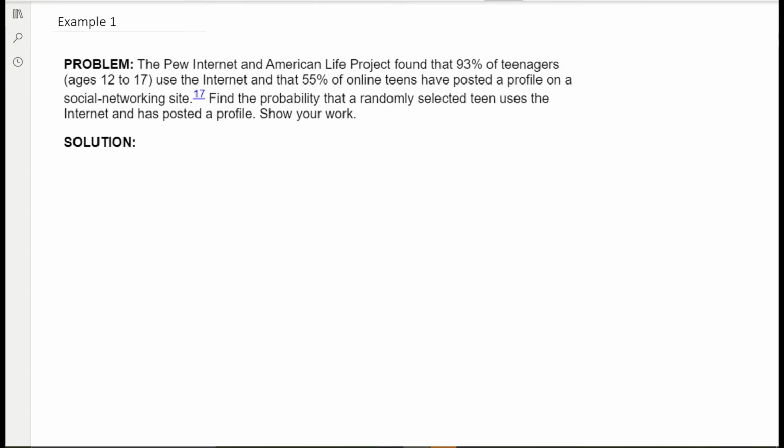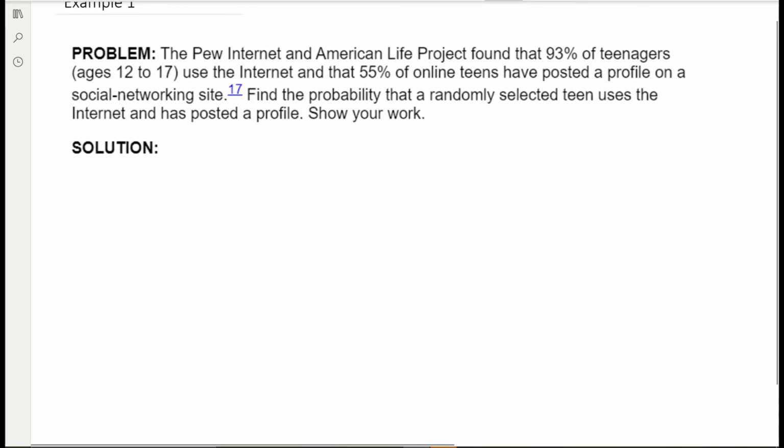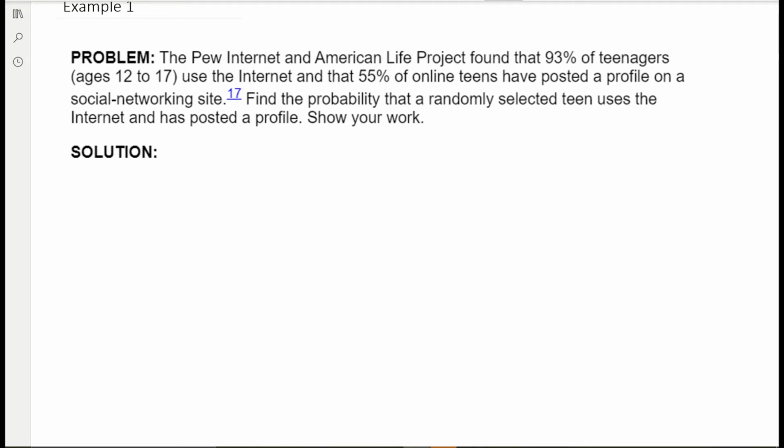All right, so let's look at a problem that involves the multiplication rule. The Pew Internet and American Life Project found that 93% of teenagers use the internet and that 55% of online teens have posted a profile on a social networking site. Find the probability that a randomly selected teen uses the internet and has posted a profile, and show your work.